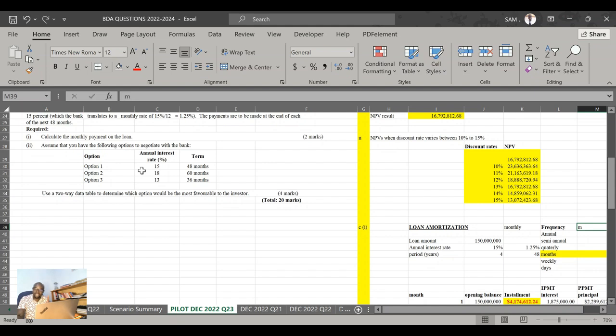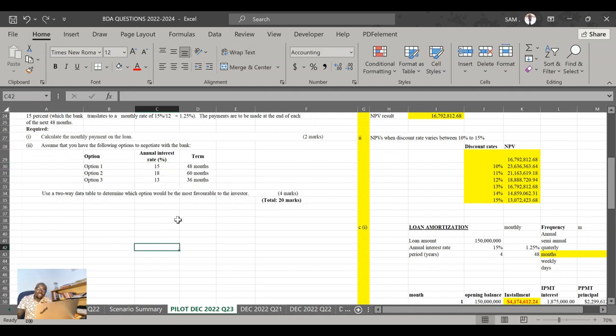At 13% per annum. Now, as an investor, what are you looking at in terms of being favorable? What is favorable for you is that option where you'll pay the least amount. Which amount are we talking about? We are talking about the cost of borrowing, which is the interest. How much interest are you going to pay in each of these options? The lowest interest amount that you're going to pay will be the most favorable option that as an investor you will go with.